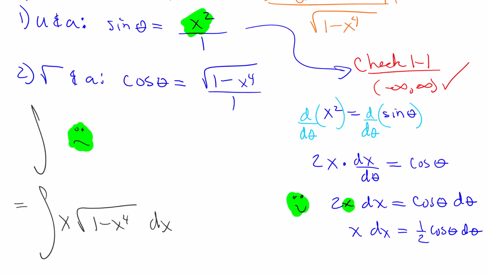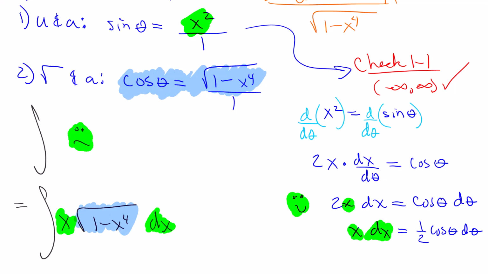In fact, I'll keep the same highlight color I've been using. There's the x, and we're going to replace the x we see with it. But not only that, now we also have a way to replace the dx, and that has to get replaced as well. But back up, and you can see the rest falls together nicely. We have to replace the square root of 1 minus x to the fourth, and sure enough, we have that expression equal to cosine theta.